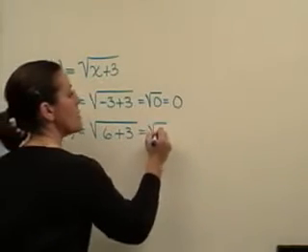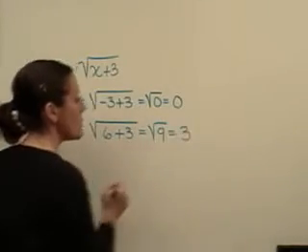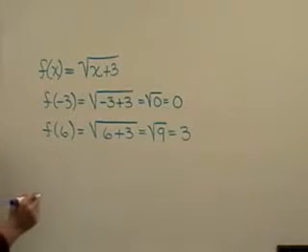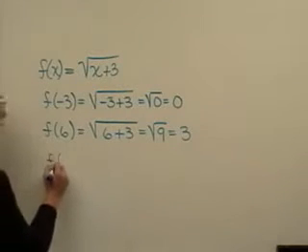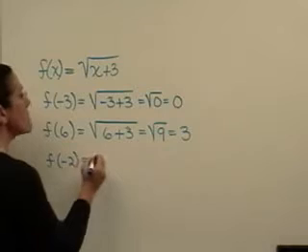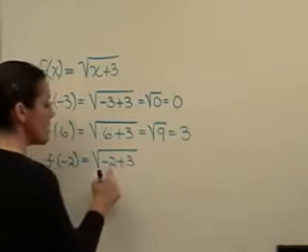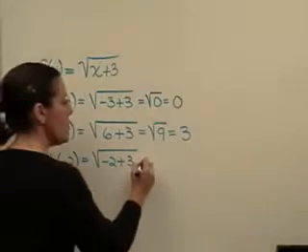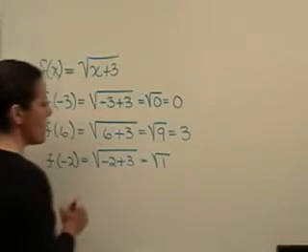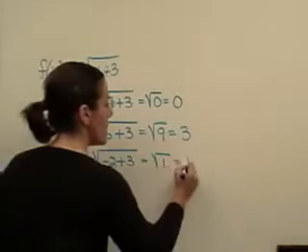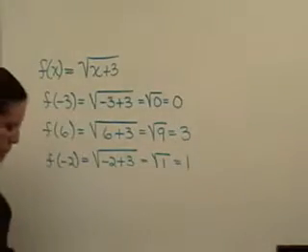So I'm asking you to find the square root of 9. The principal square root gives me the value of 3 for an output. And if I asked you to put a negative number in here for x, I would have the square root of negative 2 plus 3, because I'm substituting in negative 2 for x. And then I'll simplify what's underneath that radical, and finally I'll take the square root of that.